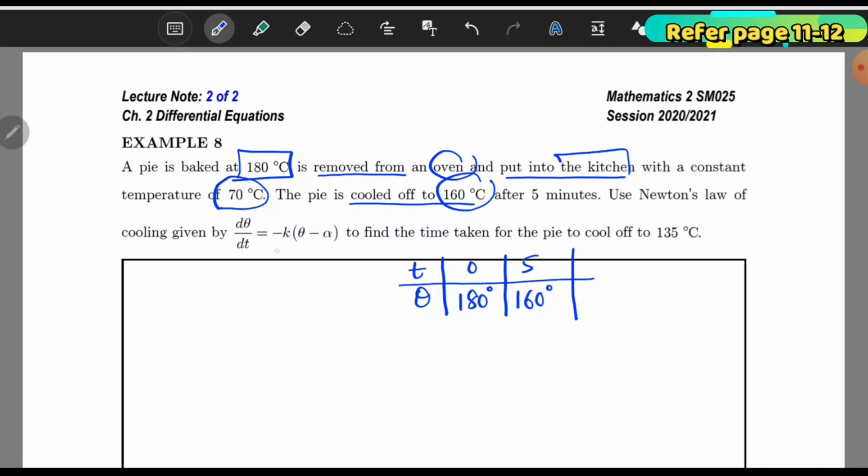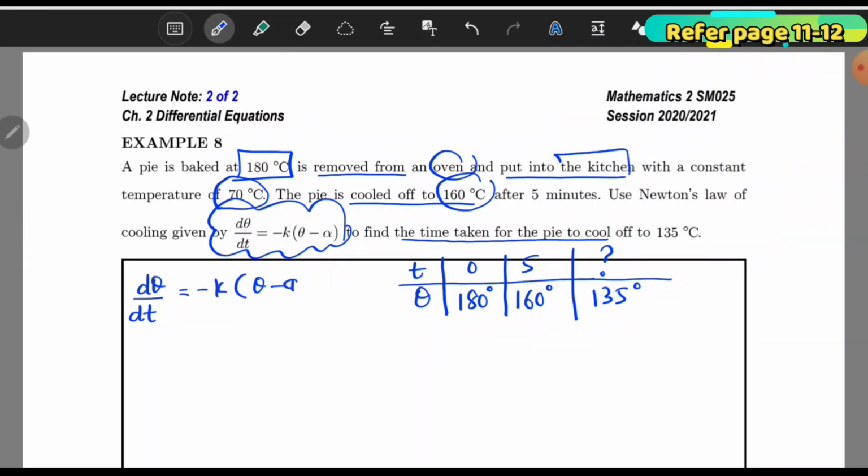Okay, given the equation here. Find the time taken for the pie to cool off to 135 degrees. So 135 degrees, what is the time? Okay, so we go to the equation. We have d theta dt equal to negative k theta minus A. And for this case, what is A? What is the surrounding temperature?